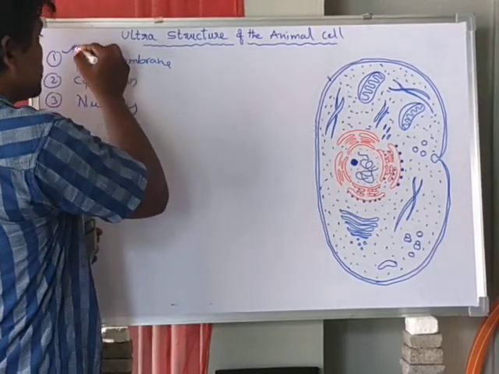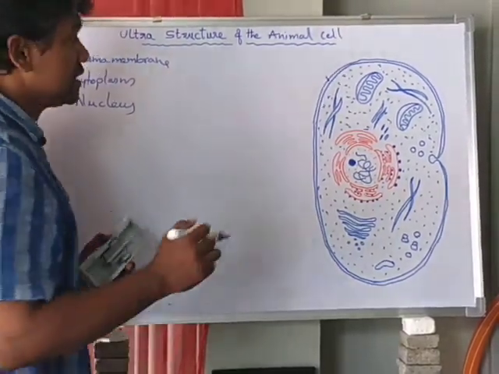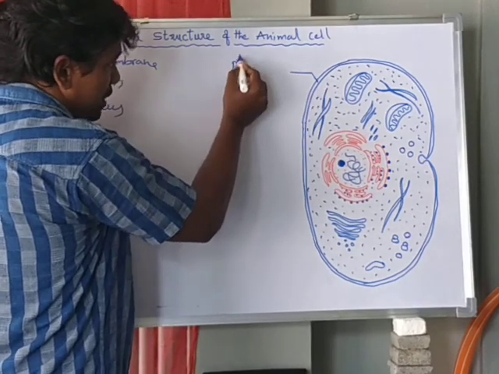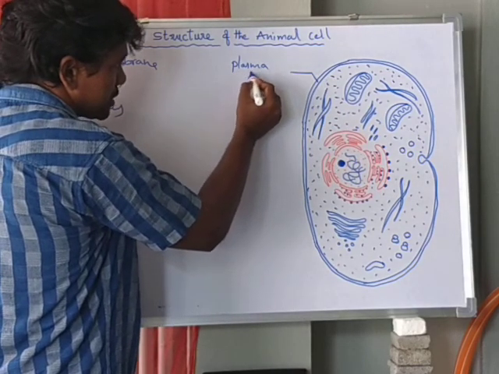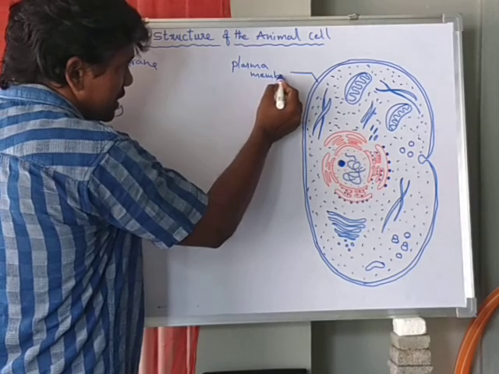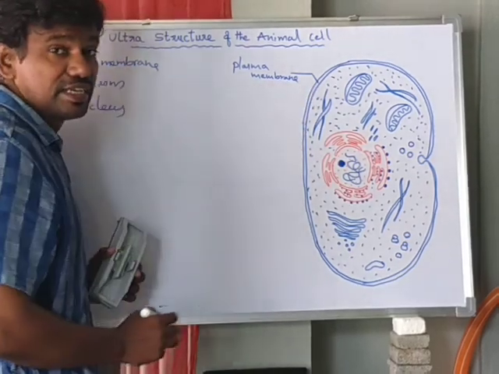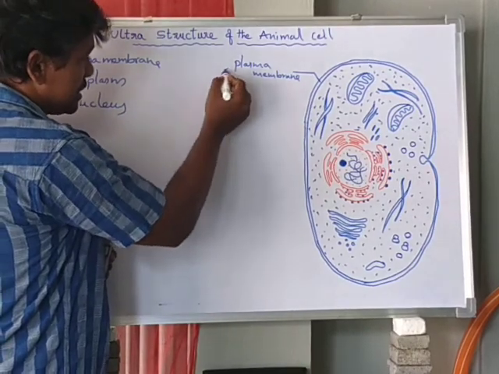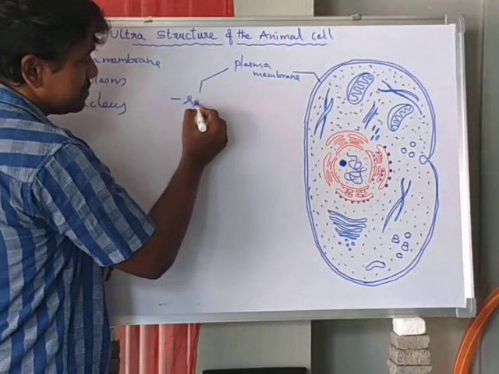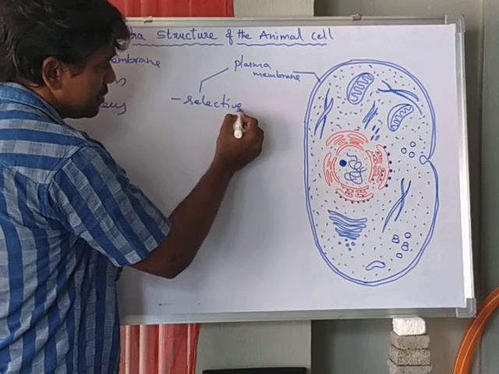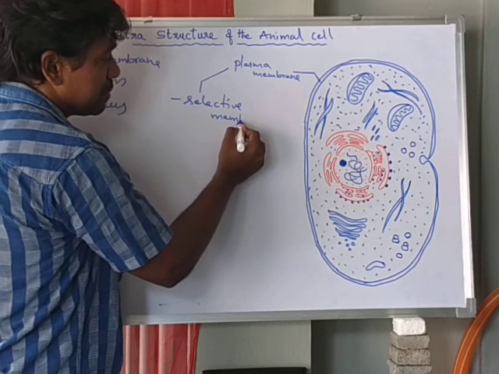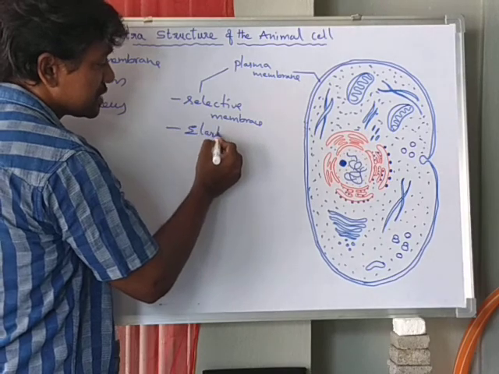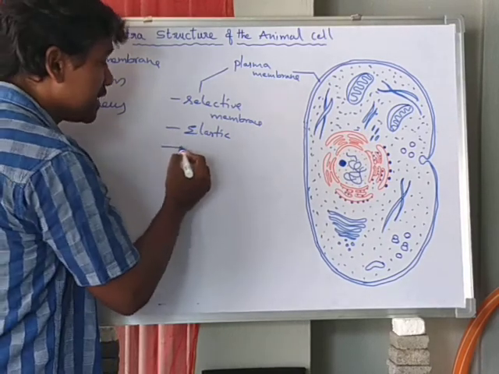First we know about the plasma membrane. This is the plasma membrane. The plasma membrane is a selective membrane, elastic in nature and porous.